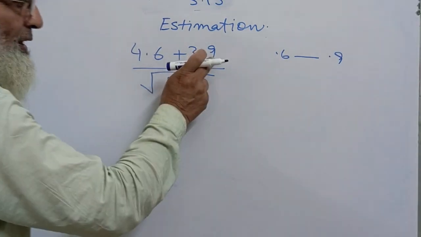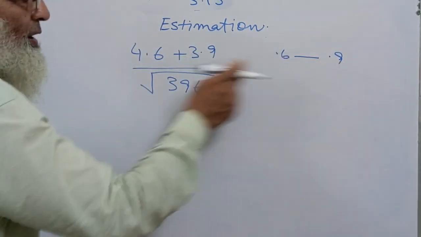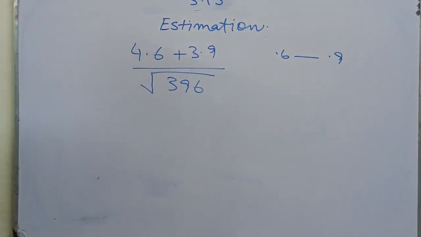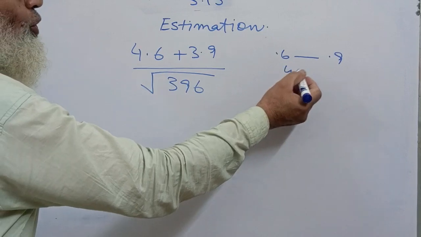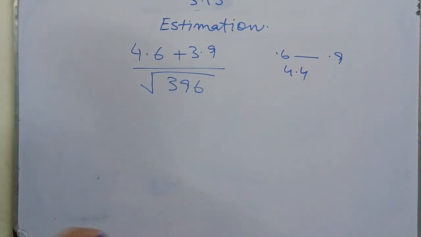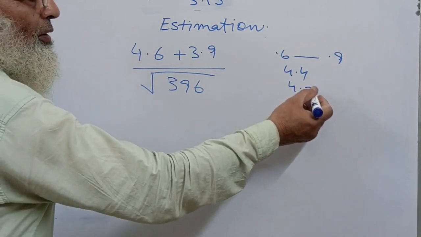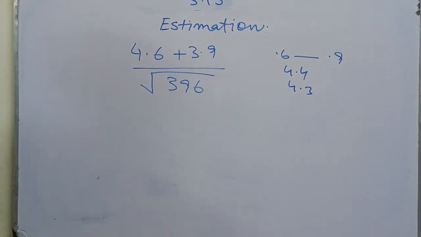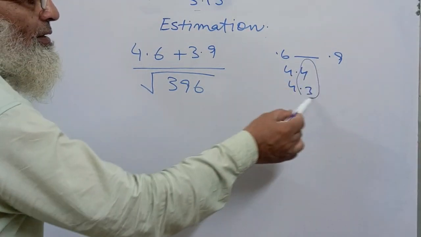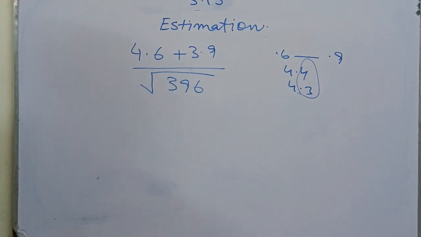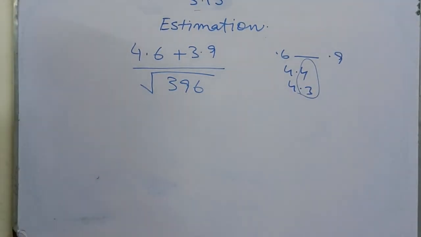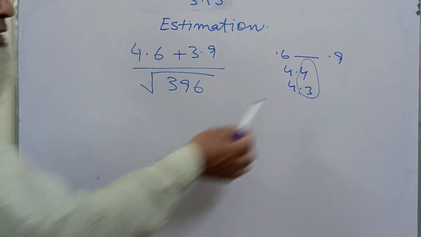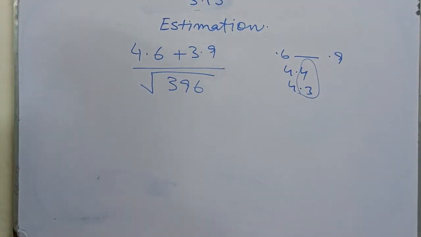Similarly here, it is 0.9, and we'll take the next number, that is 4. But what if it was 4.4 or 4.3? We would have left the decimal and just continued with the whole number.